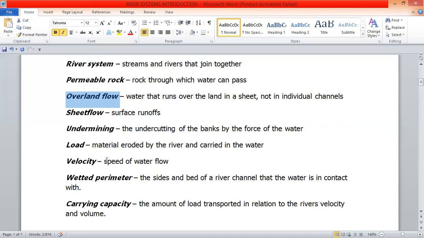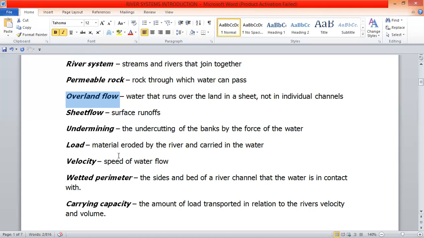Then there's load. What is a river load? It's material eroded by the river and carried in the water. Mainly it's rocks that are deposited into the river and are being eroded.